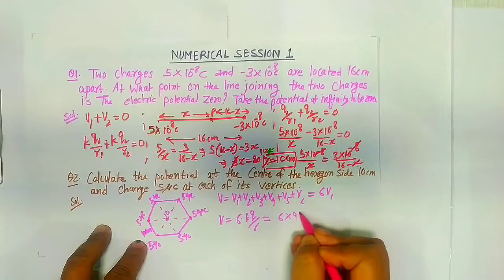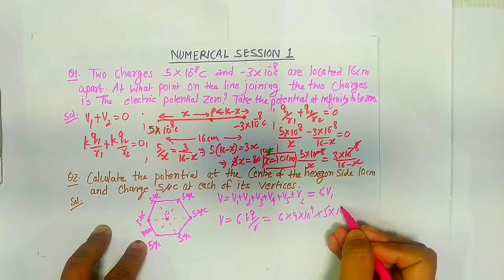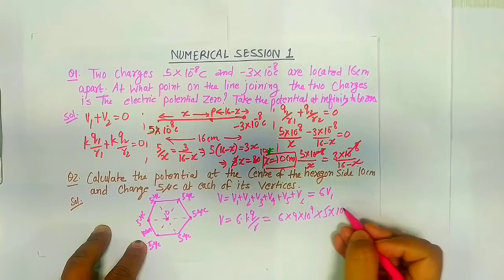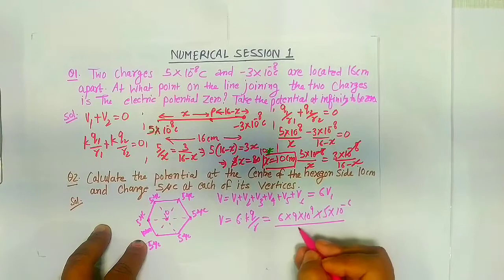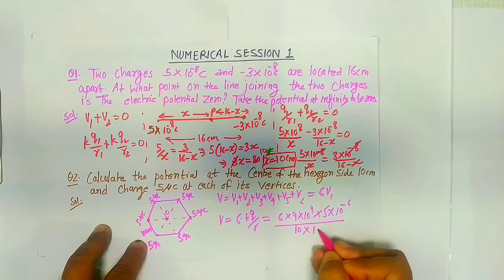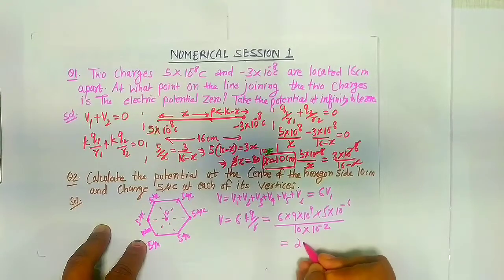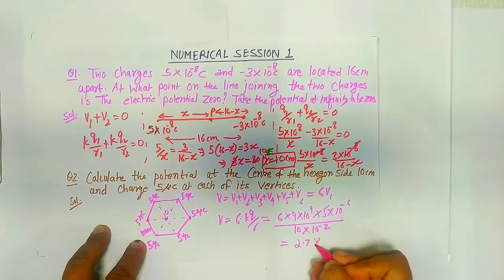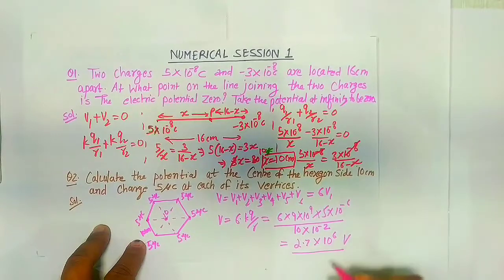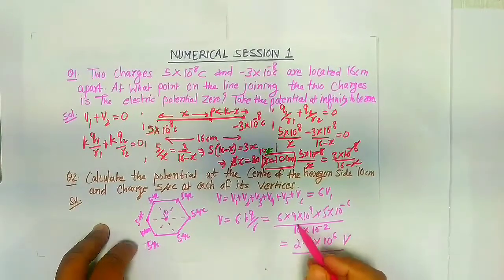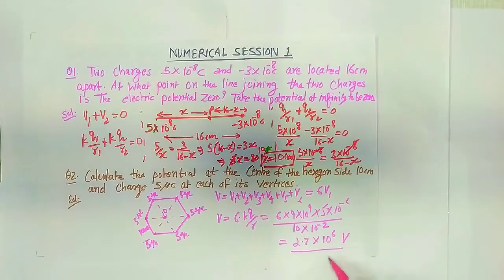K is 9 into 10 to the power 9, Q is 5 into 10 to the power minus 6, and the distance is 10 centimeters, which is 10 into 10 to the power minus 2. If you solve it out, it becomes 2.7 into 10 to the power 6 volt. This will be the answer.